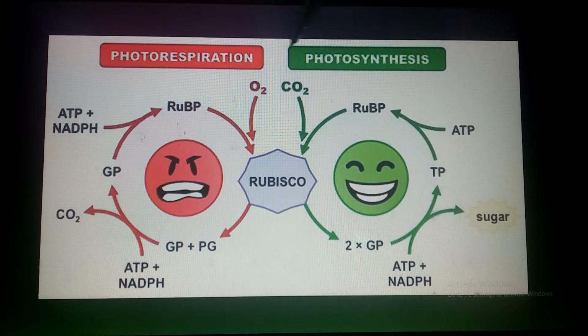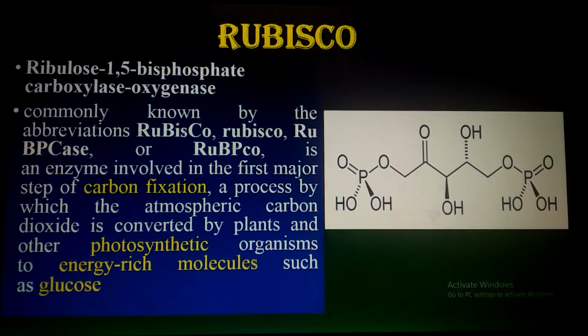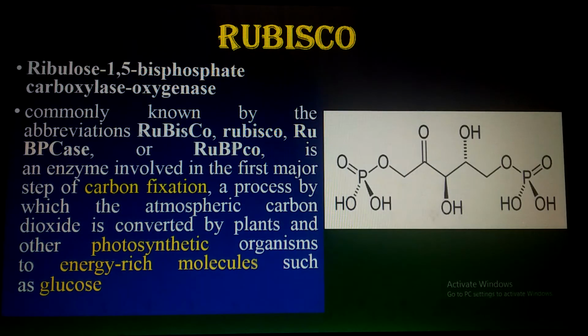When the amount of carbon dioxide decreases, it becomes an oxygenase, and when the amount of carbon dioxide is normal, it acts as a carboxylase during photosynthesis. Is it clear?